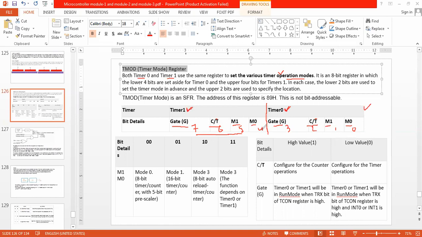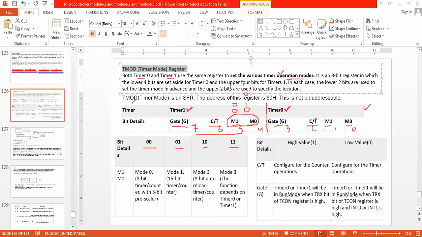What are the modes of operation we have? If you have 2 bits for modes of operation, then definitely I am going to get 4 operation modes: 0 0, 0 1, 1 0 and 1 1.